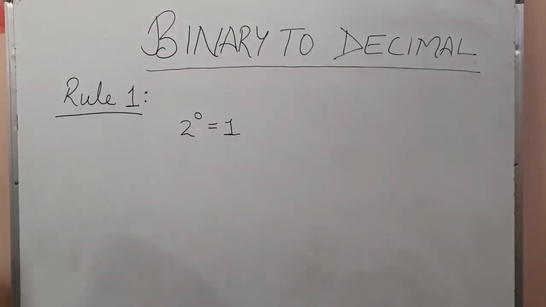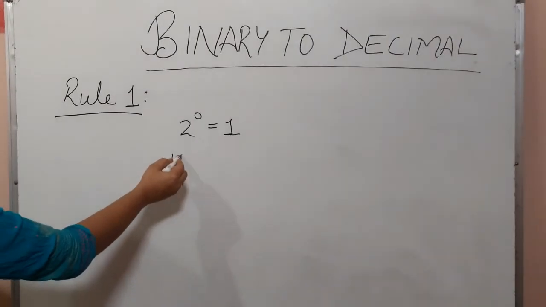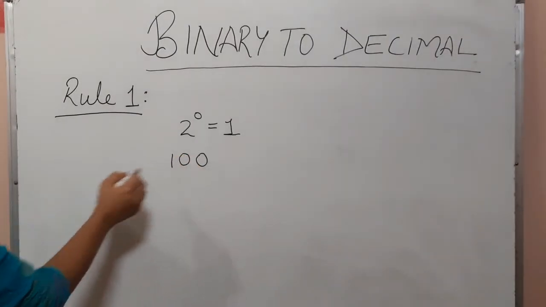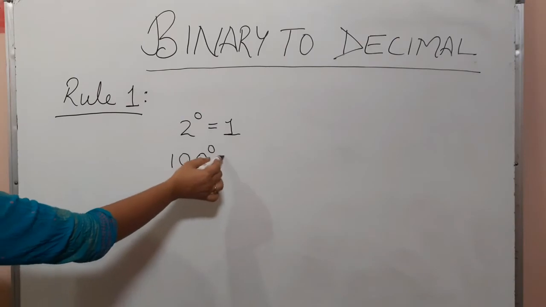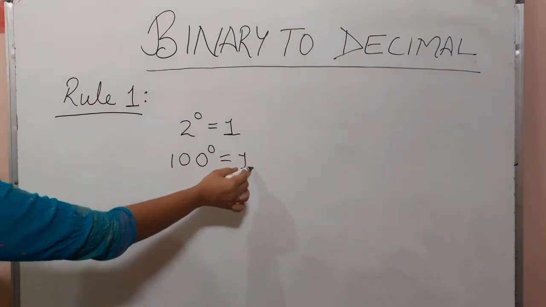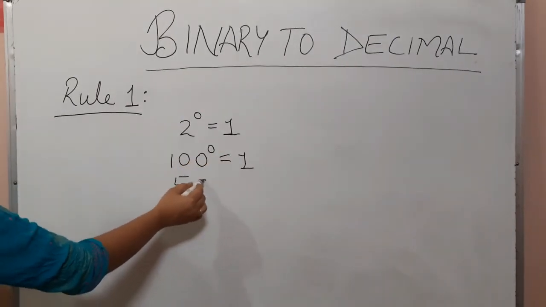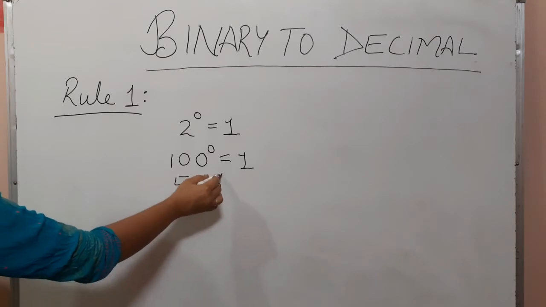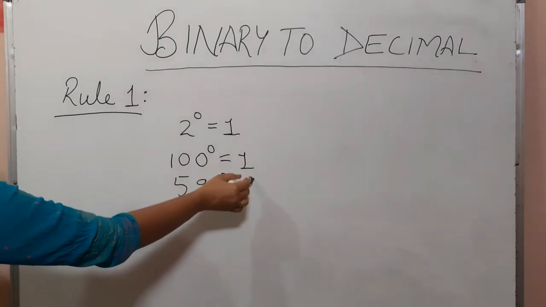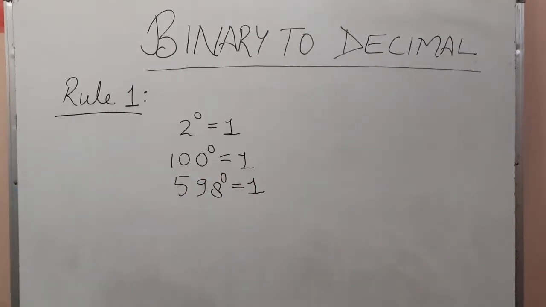So, I said any number with power 0. So, number can be any number like 100. If its power is 0, so value will be 1. If it is 598, you can take any number. But you have to remember, if its power is 0, then value will be same 1.